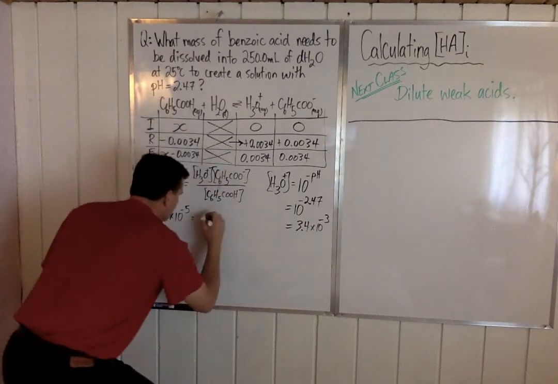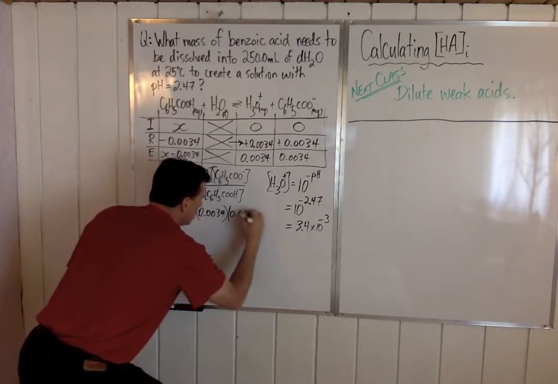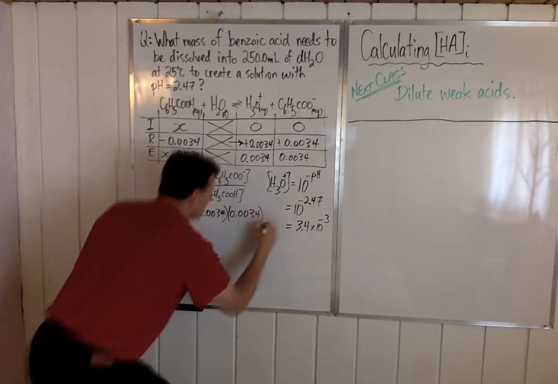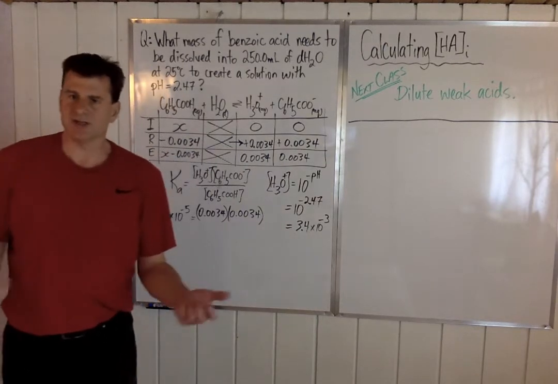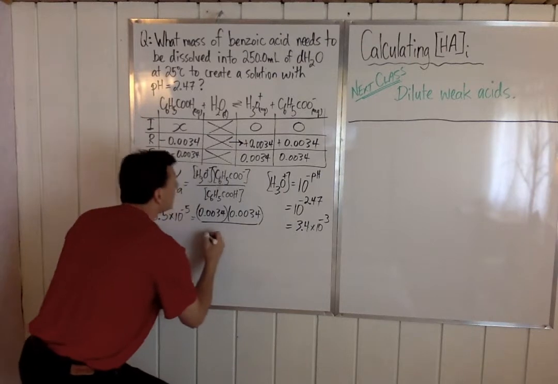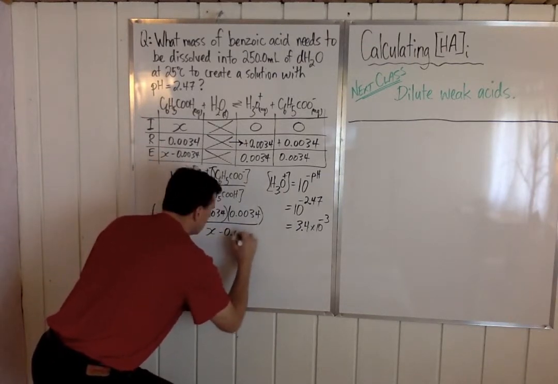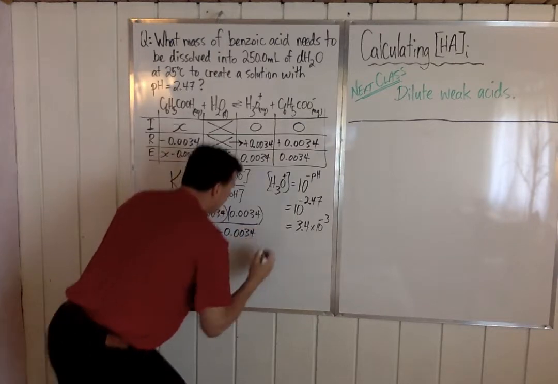Equals 0.0034 times, of course you could have written that just 0.0034 squared, over x minus 0.0034.